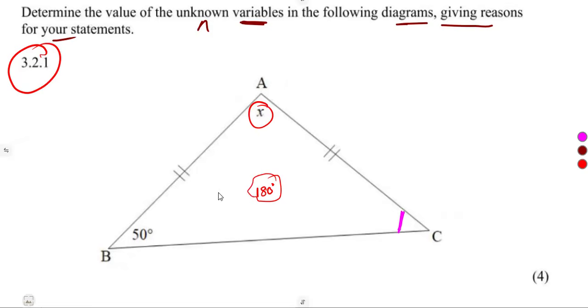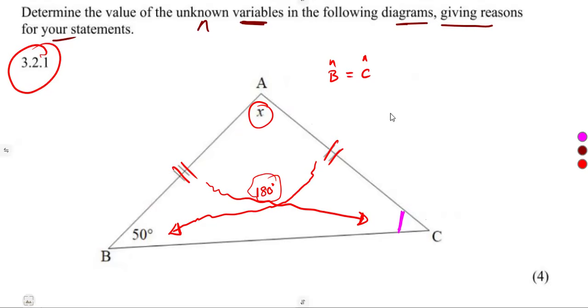Remember, from these two lines that we are given, AB, which is equal to AC, it follows that these angles that are opposite these lines, they are equal. Angle B is equal to angle C.